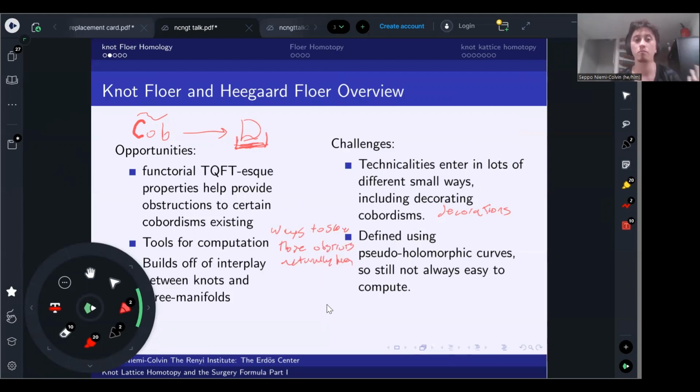Another reason these tools for computation, which include things like the surgery formula we'll get more into in the second talk, are really useful is that even though we have those tools, if we want to compute based off of the definition, the definition often involves things like counting pseudo-holomorphic curves, which isn't easy to do directly. Think like singular homology can be great and powerful, but we generally do not compute directly from the definition of singular homology. We have tools like Mayer-Vietoris to make those computations feasible.